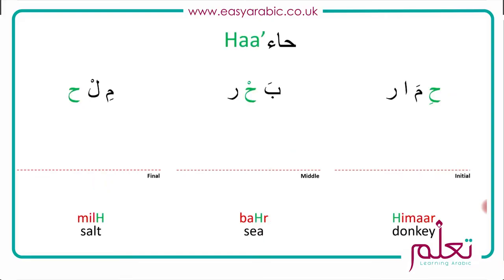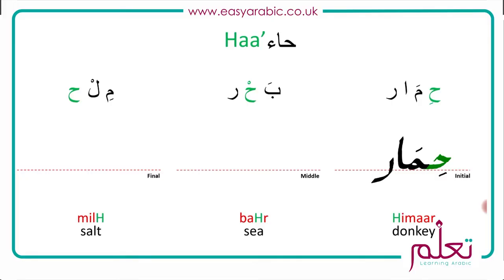Next we have the letter Ha. So the word is Himar, which is donkey. So we've got Ha. We have the Mim. We have the Alif. And then the Ra.